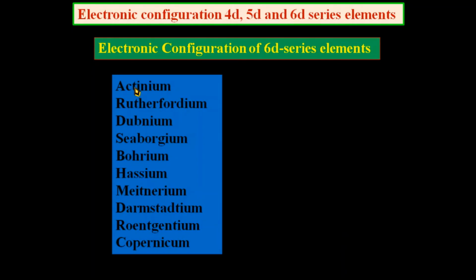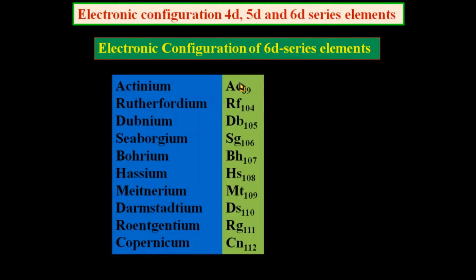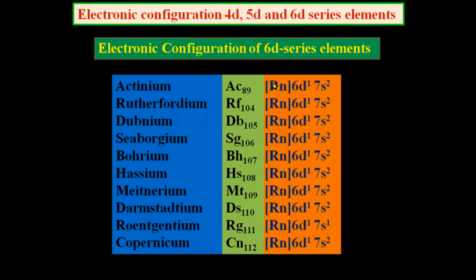This series starts from actinium and ends with copernicium. So these are the atomic numbers and symbols, and this is the electronic configuration of the fourth transition series, or the 6d series. Here the radon core is considered.